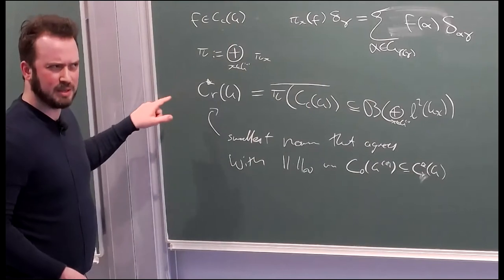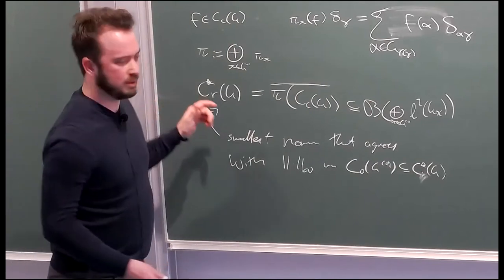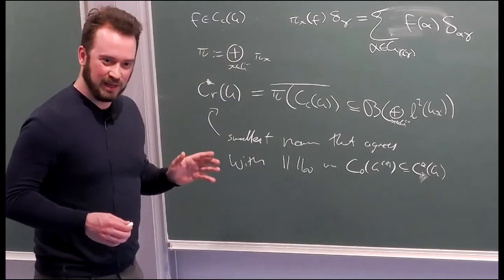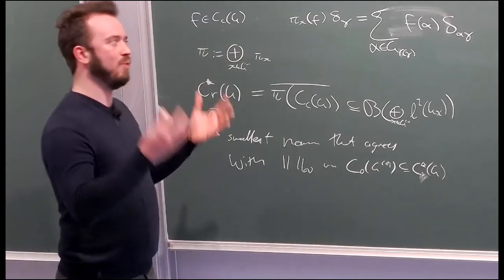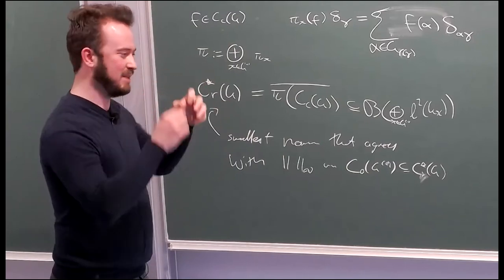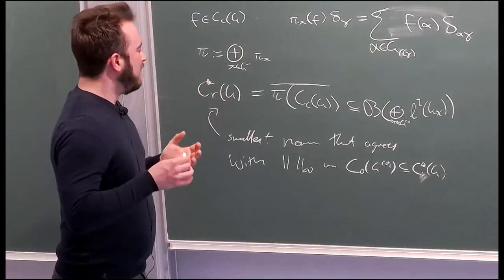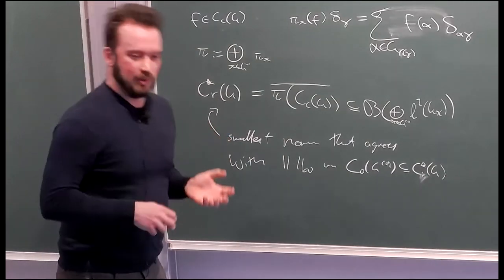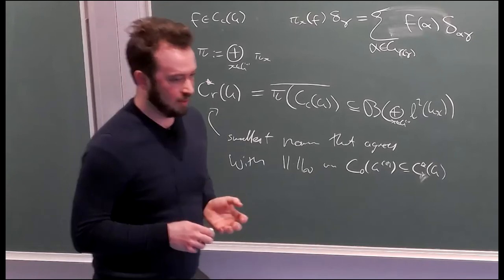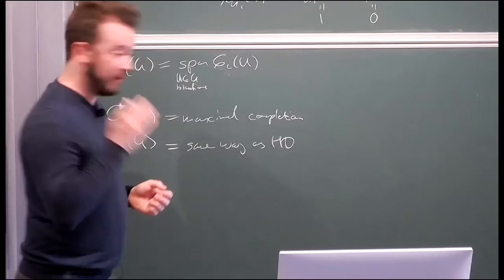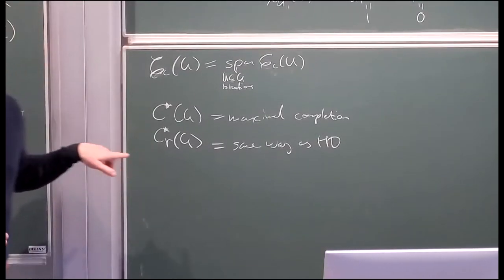I can't remember the exact reasoning behind that, but it is. In the non-Hausdorff case, this fails to be it anymore. The fact that you have extra limit points outside of compact sets gives you extra representations, which artificially inflates this norm in the non-Hausdorff case. I'll give you an example of where this actually genuinely goes wrong.